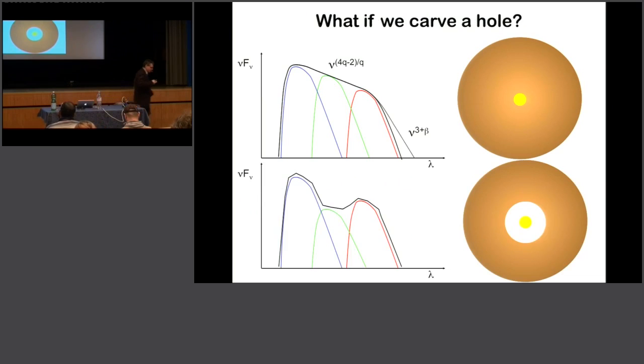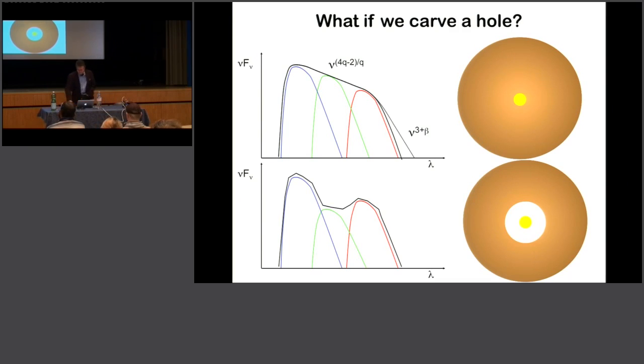I would like to make a digression now, and we will get back to this tomorrow, I think. If you don't have such a nice continuous distribution of dust in the disk, you may have, for example, a deficit of dust at a certain point. Suppose that you don't have the inner disk for some reason. Then the emission at this temperature is suppressed, and you have a spectral energy distribution that looks like this.